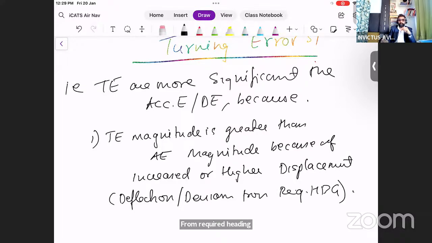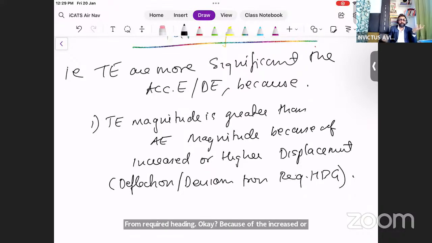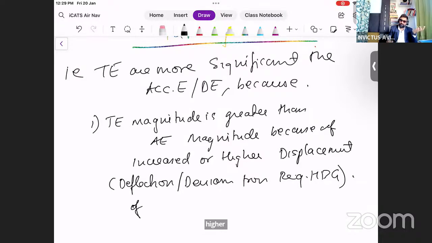Okay. Because of the increased or higher displacement of the magnet assembly.